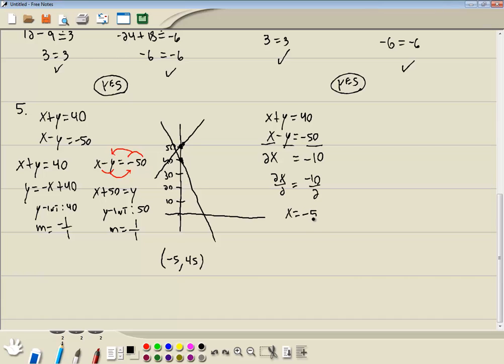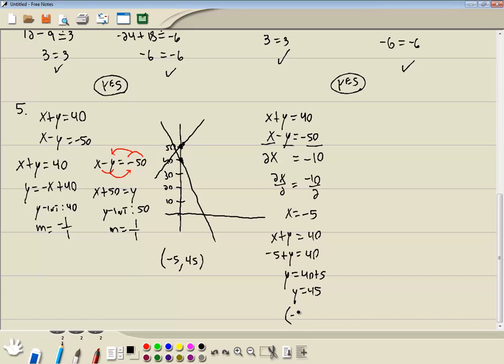And we get x is equal to negative 5. Now we're going to plug that back into one of our equations. I'll pick the first one. So I got x plus y is equal to 40. X is negative 5. So plug the negative 5 in for the x and solve for y. So I got y is equal to 40 plus 5, or y is equal to 45.